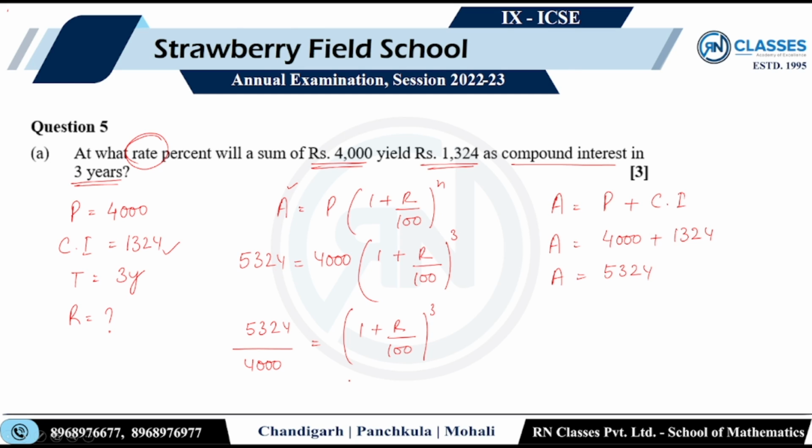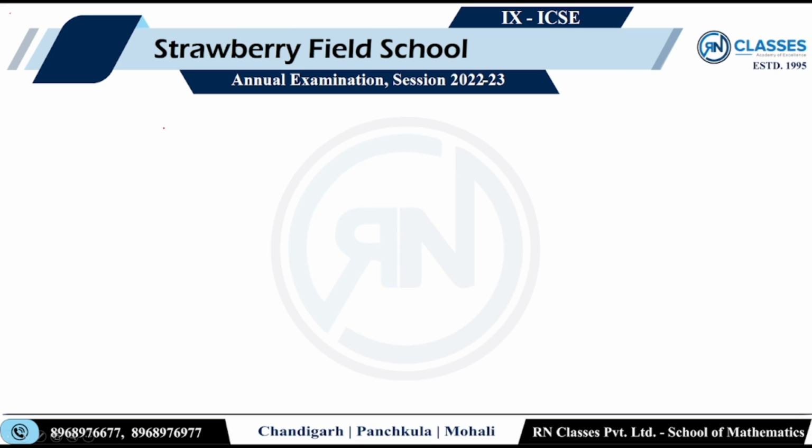अब सबसे पहले हम इसको रिड्यूस करेंगे. 4 से डिविजिबल है of course. So 1331 by 1000. Oh, wonderful. Now 1331 by 1000 is nothing but 11 by 10 whole cube. And 1 plus r by 100 raised to the power 3.